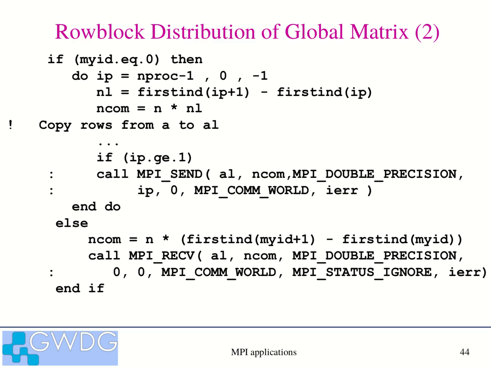On process 0, you do a loop over all processes, starting from process nproc-1, reversely to process 0, and you determine how many rows you want to distribute, which is just first index IP+1 minus first index IP, and the number of elements you want to communicate is just n times the number of rows in the row block, NL.